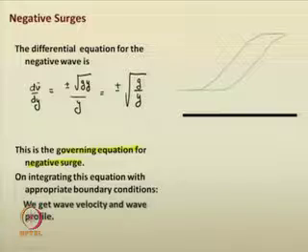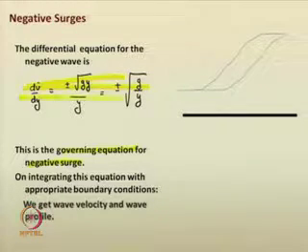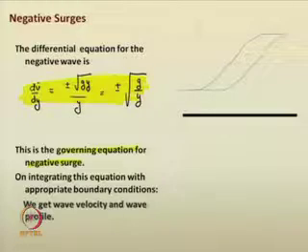On solving it, you will see that V depends on y, and you will get the velocity V at any flow depth y, at any location. That is the meaning.